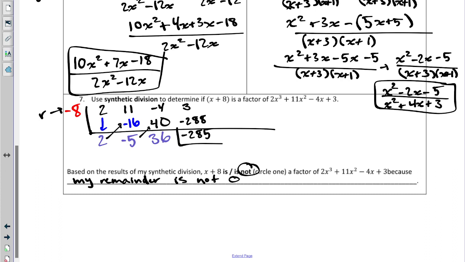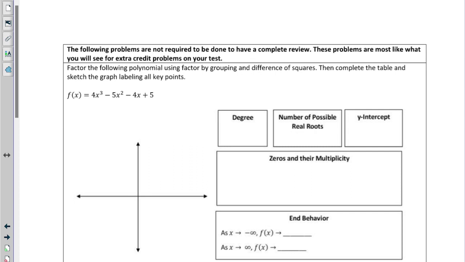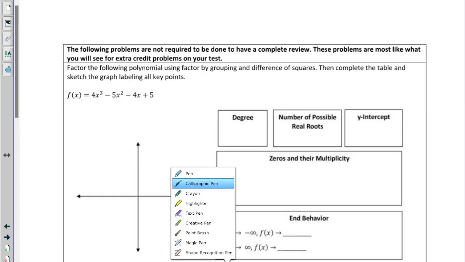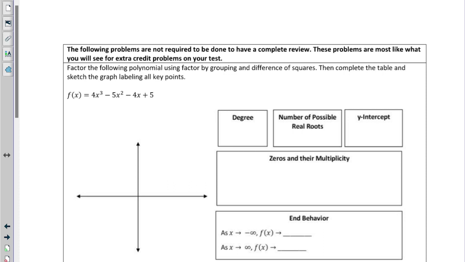No, I was right. Yeah, I'm right. Yep, negative 285 is the remainder. So yeah, it is not a factor. Nice, we did it. Sorry, my alarm bells were ringing that the question was weird, but it was me that was weird all along.